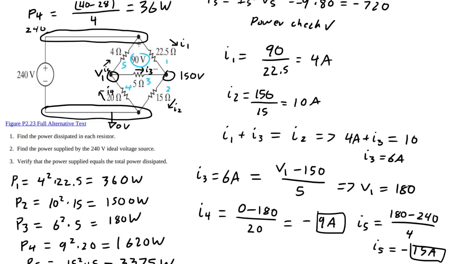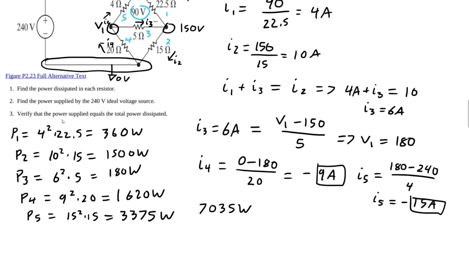So I'm going to add them all up. 360 plus 1500 plus 180 plus 1620 plus 3375. We have 735 watts. So unless I made a mistake, that should be what we get for our power supplied.